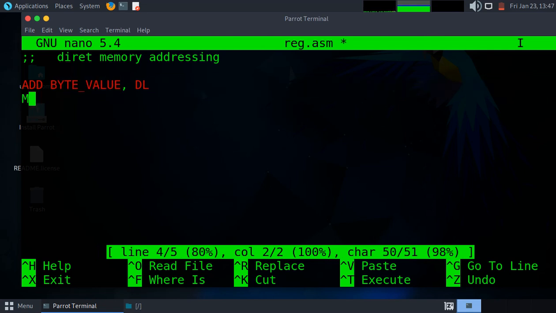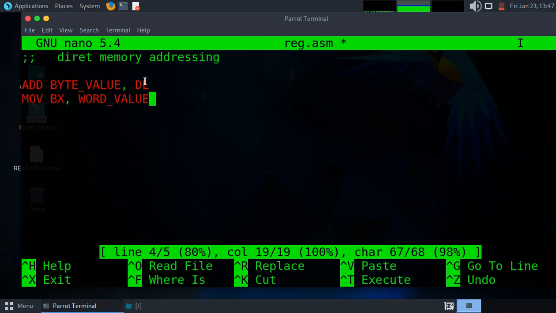From there, what if we had MOV BX, and then we are moving a word value, for example, a word value into BX. Here the operand from the memory is added to the register.